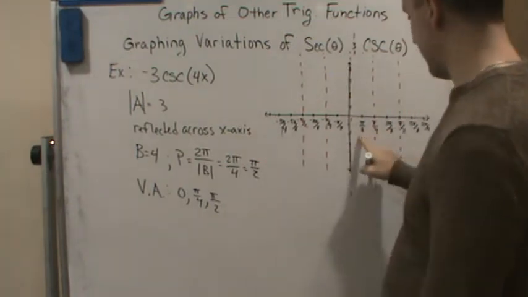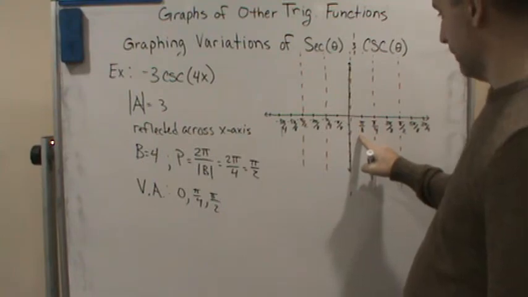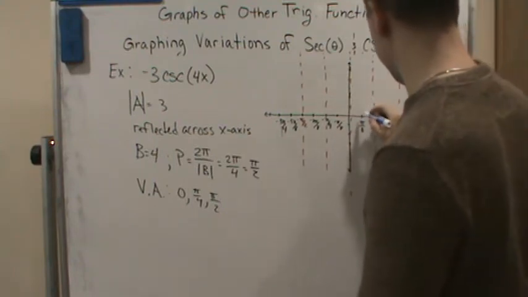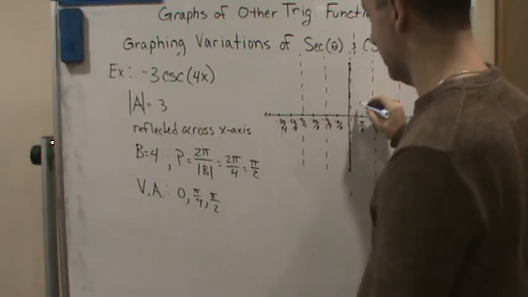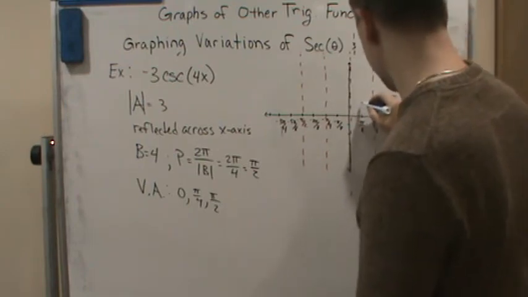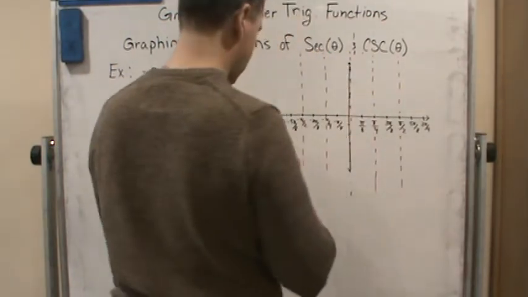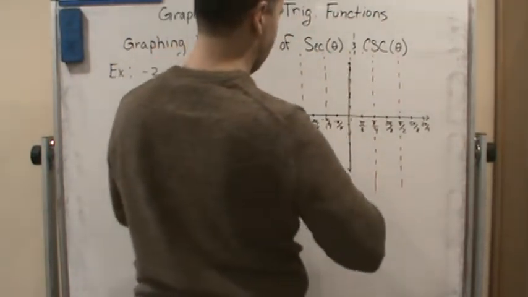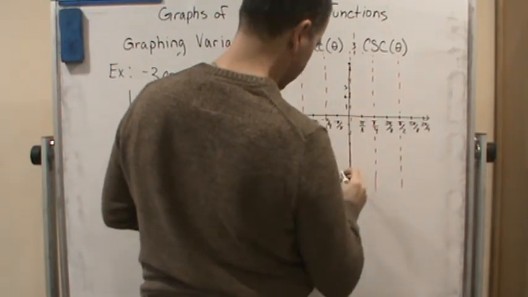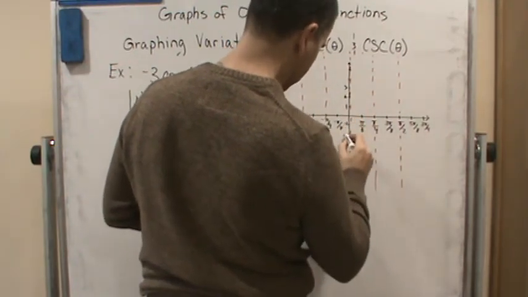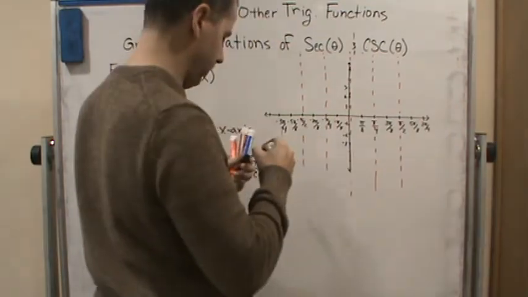So at pi over 8 is where the maximum of the sine is, which means the minimum of our cosecant function is going to be at 3. So let's add 1, 2, 3, and negative 1, negative 2, negative 3.